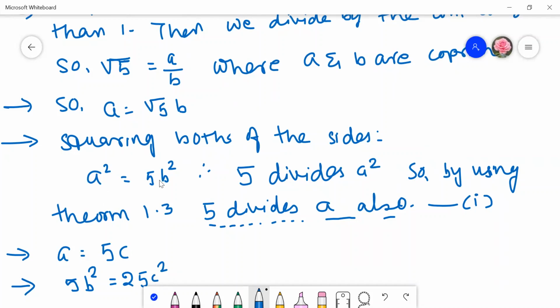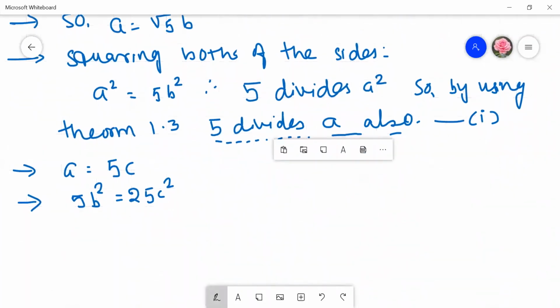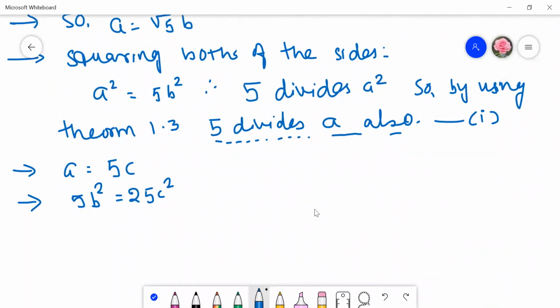Okay, I have substituted the value of a is equal to 5c. So a square is equal to 25c square. After substituting, I am simplifying this. So b square is equal to 5c square, right? B square is equal to 5c square.